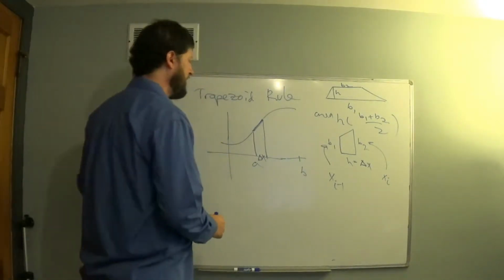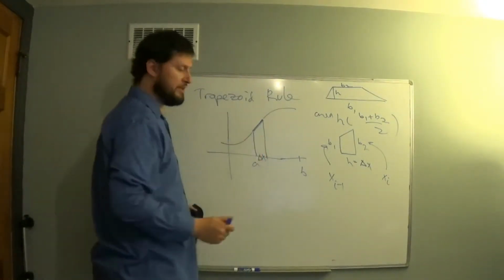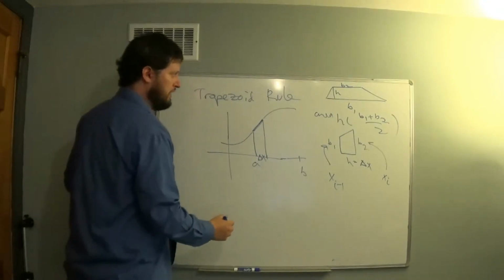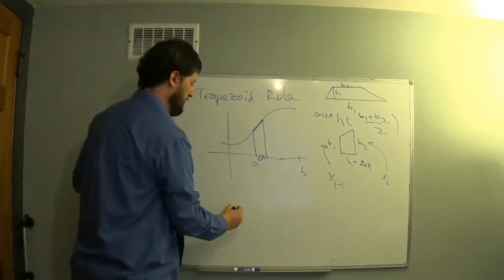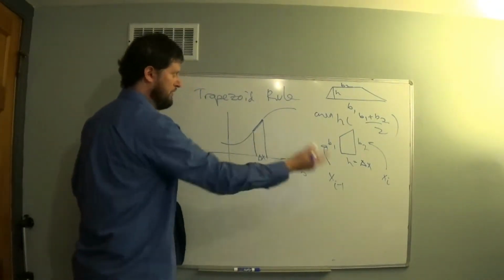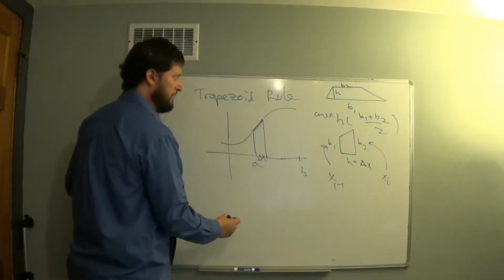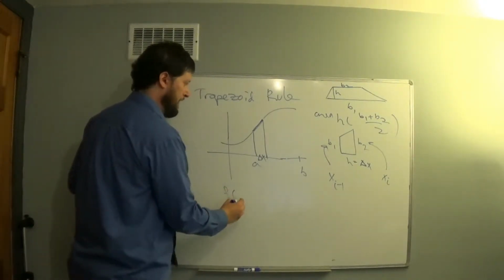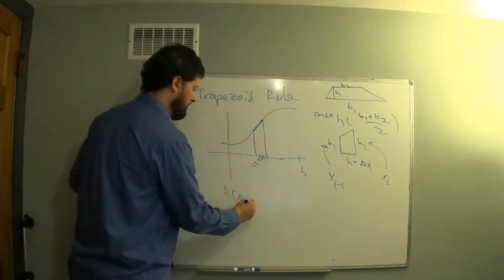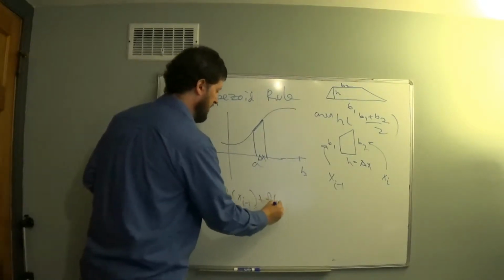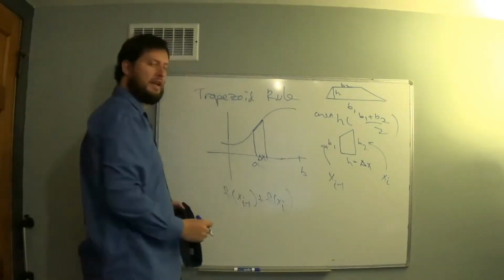So what we'll end up getting for the area of some trapezoid in the middle will be h times, so that's delta x, I'll put that on the right-hand side, the function value f at x sub i minus 1 plus f at x sub i, all divided by 2.